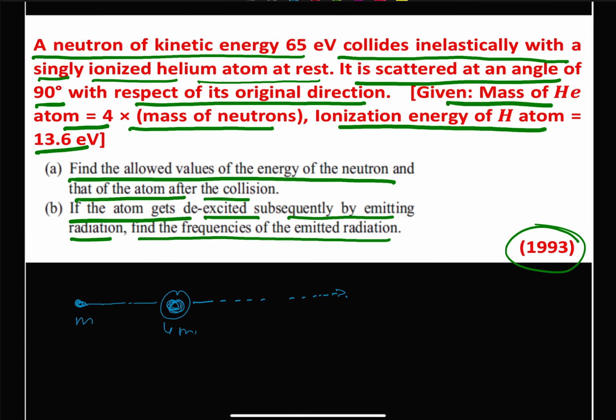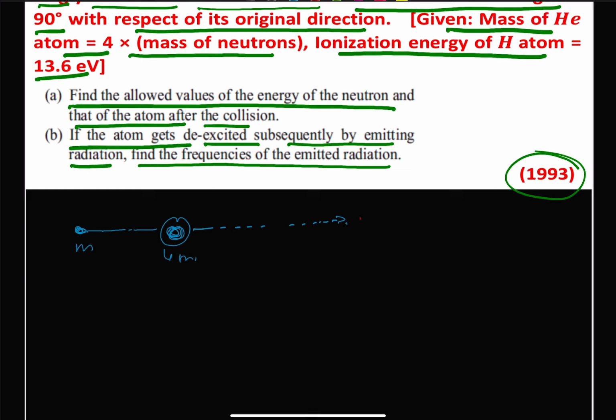It is scattered at an angle of 90 degree with respect to original direction. Suppose this is our x and this is our direction y. So obviously mass m is going to move perpendicularly, that is along the y direction. So this is our helium and this is our neutron, and this neutron will try to move in this direction. Let us suppose its kinetic energy is K1 and our helium is moving in other direction, with kinetic energy K2.